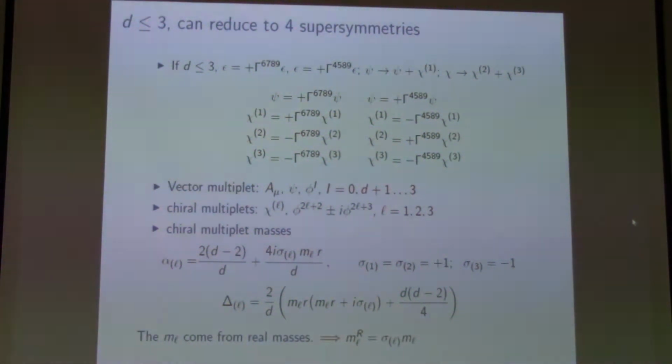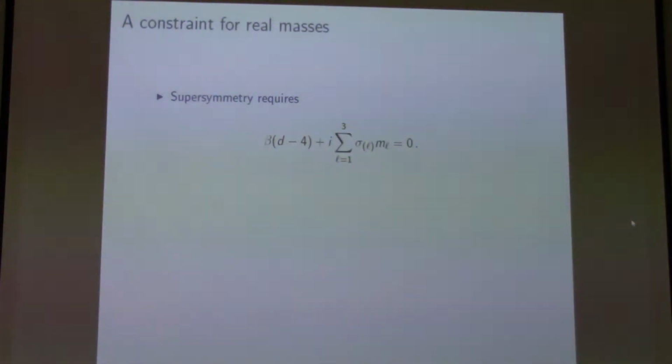Now, one thing I should say, which caused us some confusion for a while, is that the masses that show up in here are, since this is d less than or equal to 3, you can have either real masses or complex masses, and it turns out that these are the real masses. I'll explain this in a bit in the next slide.